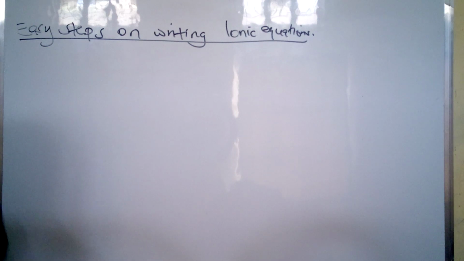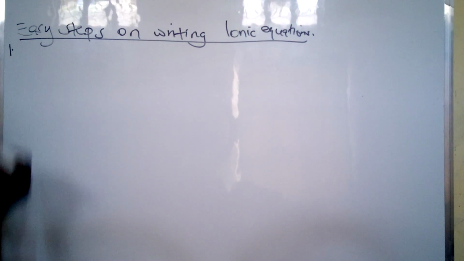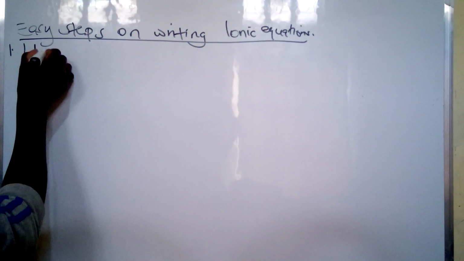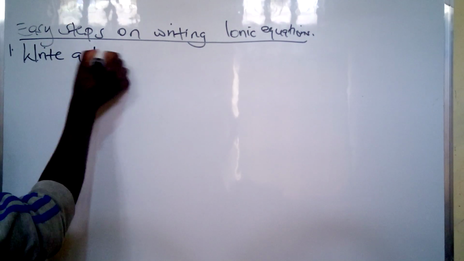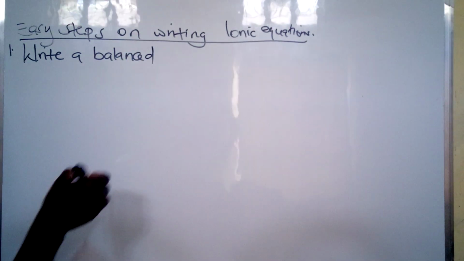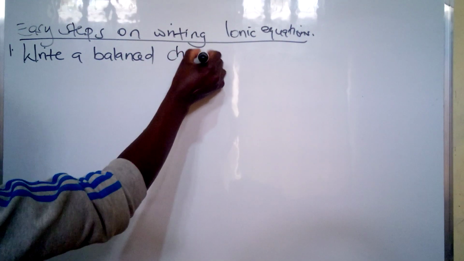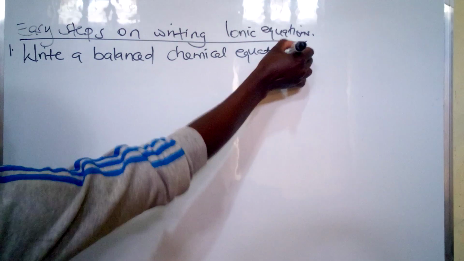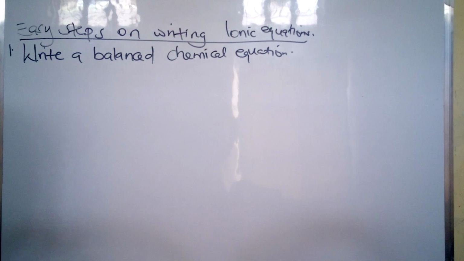So step number 1, what you're supposed to know is how to write a balanced chemical equation, and you're going to see an example.